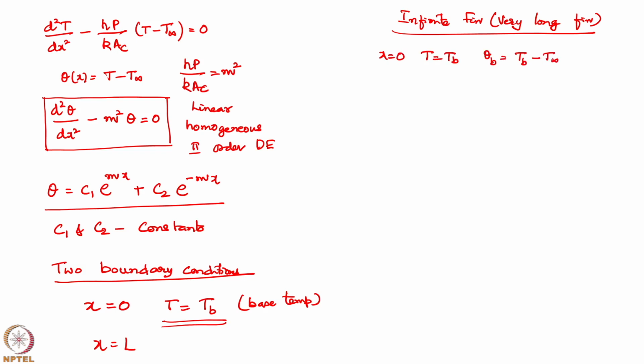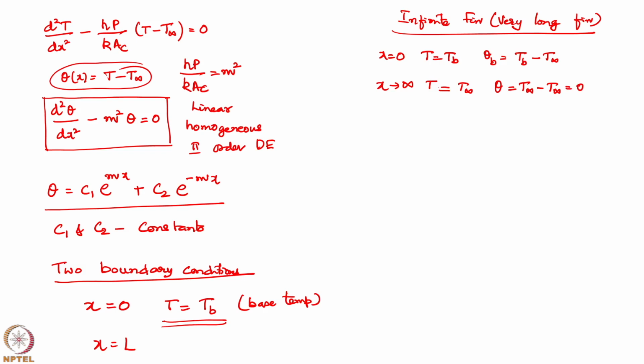My theta becomes Tb minus T infinity, and as x tends to infinity, T will tend to T infinity, or T will become equal to T infinity. So you get theta equal to T infinity minus T infinity, that is equal to 0.